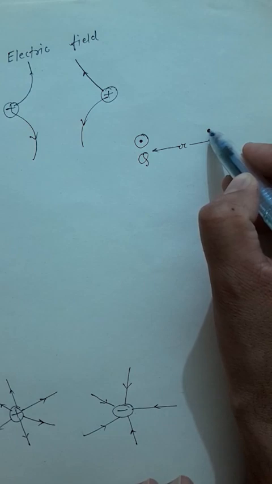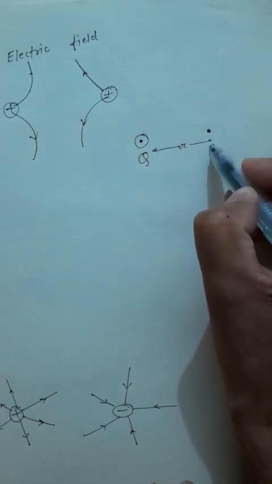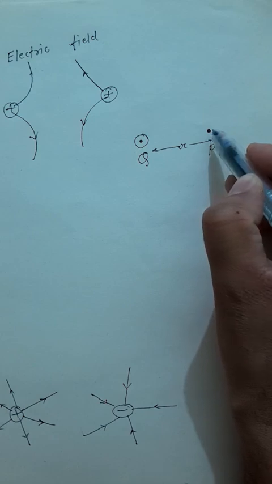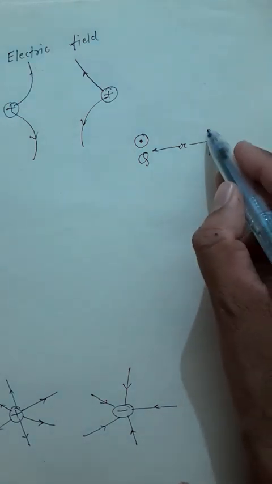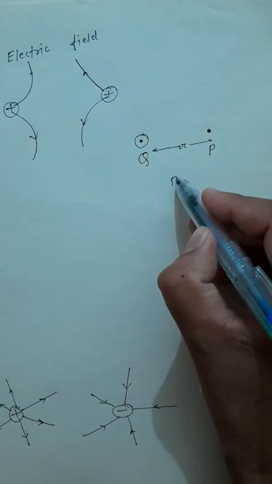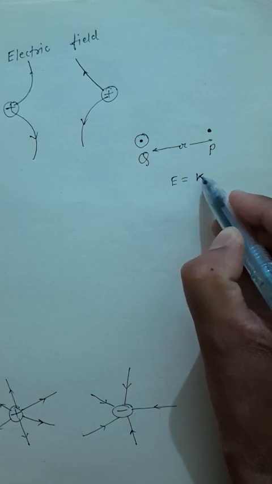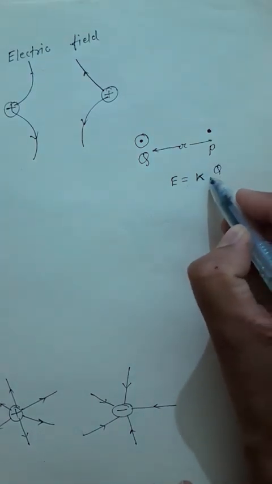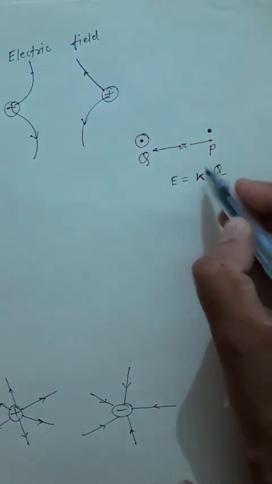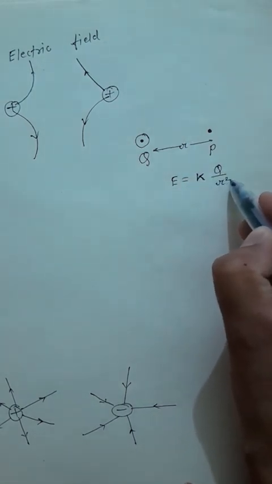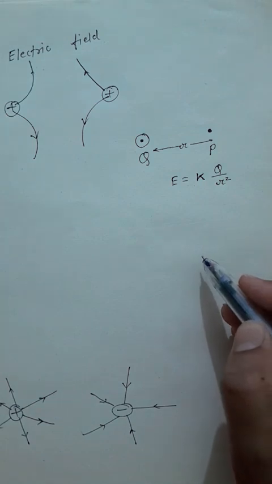For this, at point P, the mathematical expression of the electric field is E equal to K, the electrostatic force constant, times the source charge divided by the distance r square. This is the electric field.